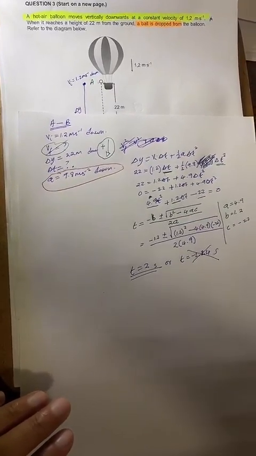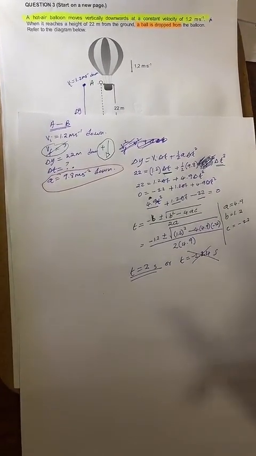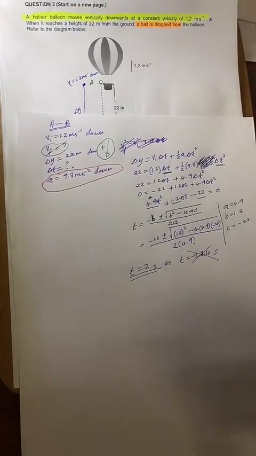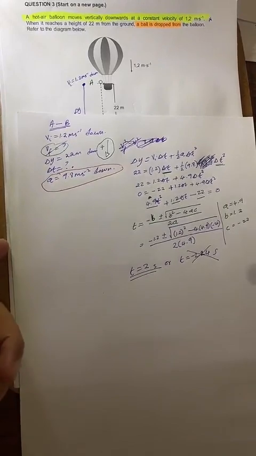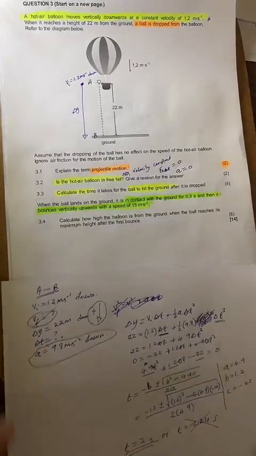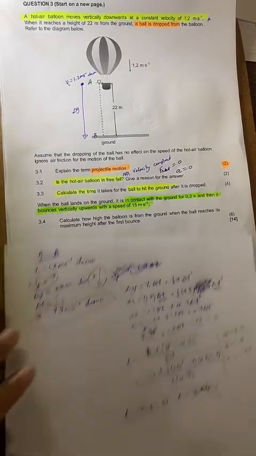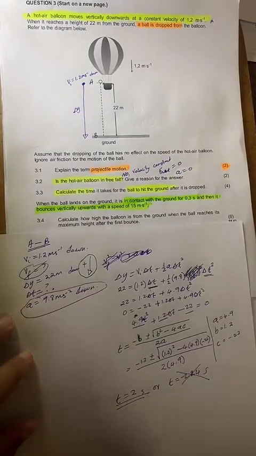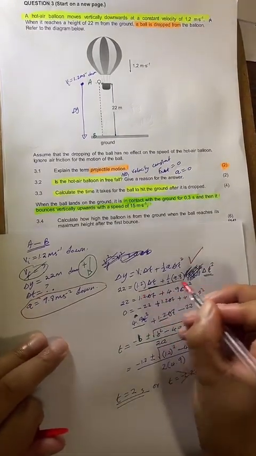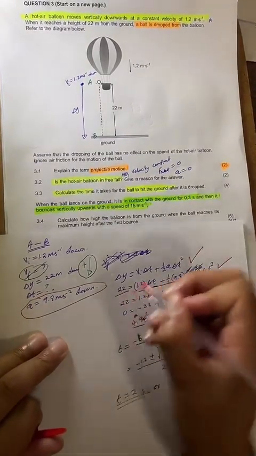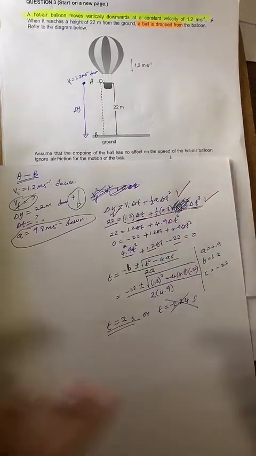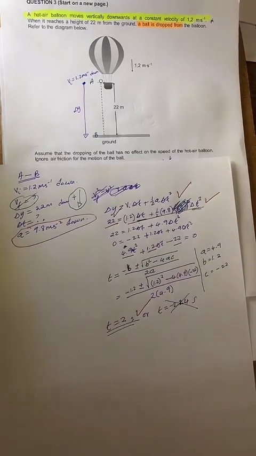Yes, people agree that once you write down your data carefully, it becomes easy to solve a question. Now you just pick up a formula and solve, and you are good to go. How many marks was the question? Calculate time, it was 4 marks. You get a mark for writing down the formula, for substituting everything on the right correctly, for substituting the value on the left correctly, and then only 1 mark for doing all the calculation until you get the correct answer.